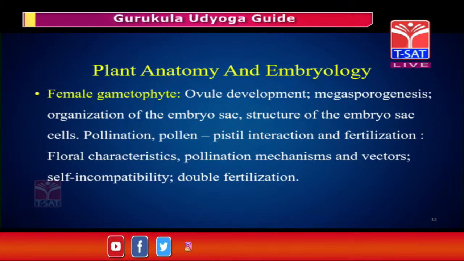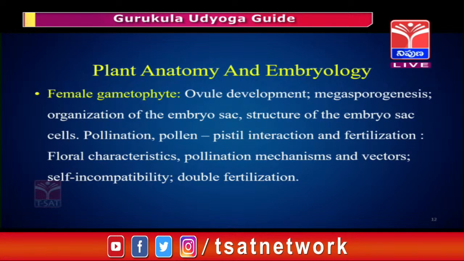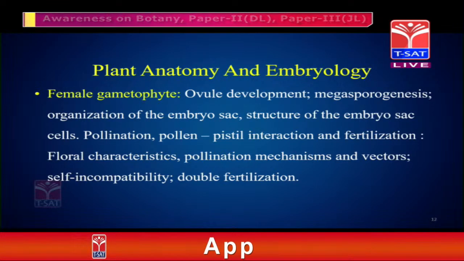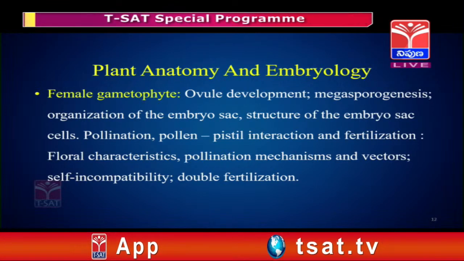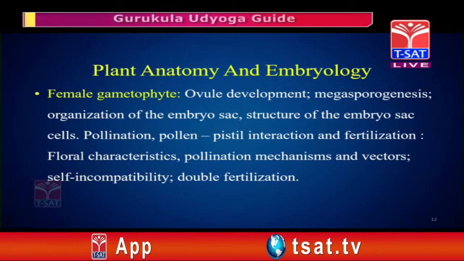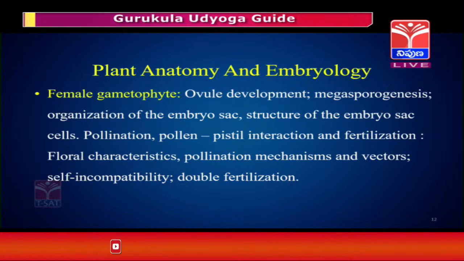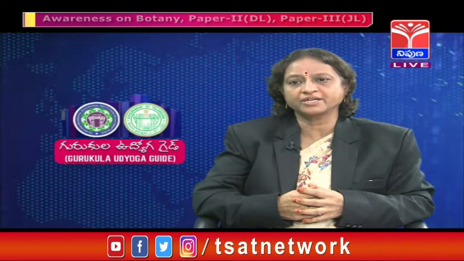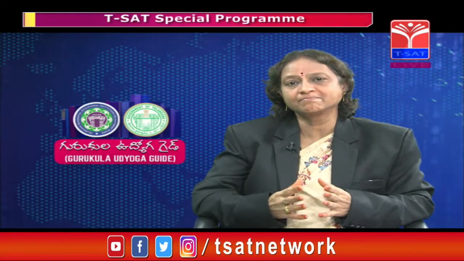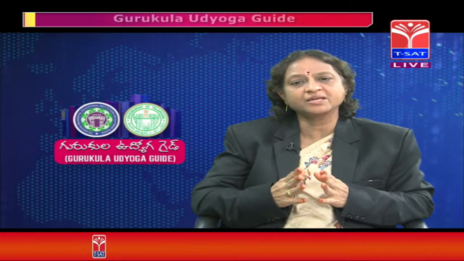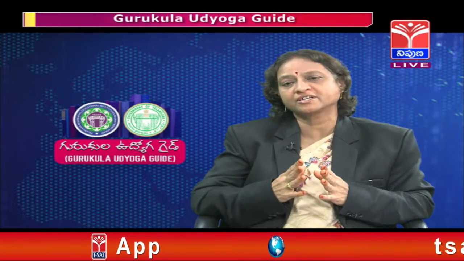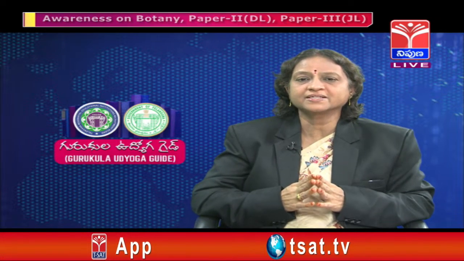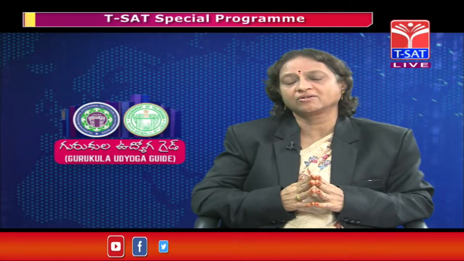Pollination, pollen pistil interaction, fertilization, then what are the floral characteristics and pollination mechanism, is it a self-pollinating or cross-pollinating plant, what are the mechanisms or contrivances that the plant has to go for cross-pollination, then self-incompatibility, and the very important thing, that is double fertilization, the characteristic feature of angiospermic plants. So, these are the things that you have to focus a lot on.